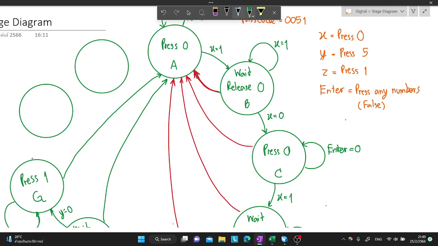Okay, when I press 1, which is Z is 1, that means it goes to the next state, stage H. The stage H is wait for release 1.